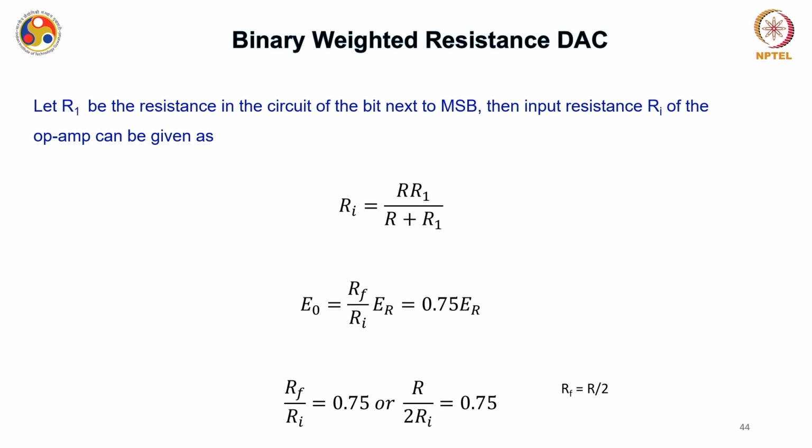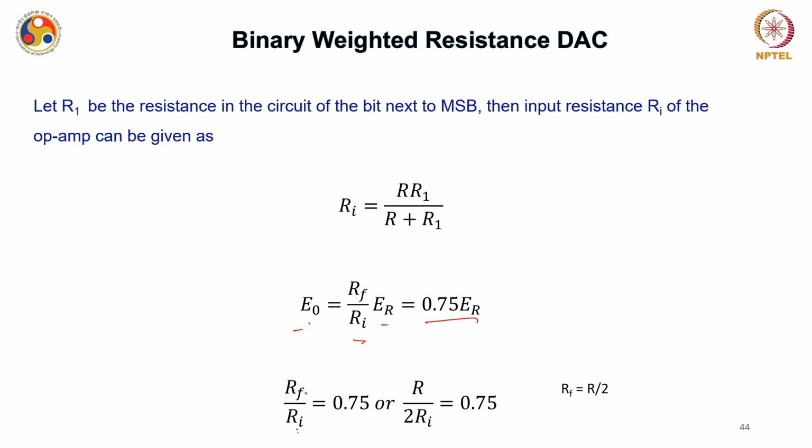Then the input resistance Ri of the op-amp can be given as R into R1 by R plus R1, because they are in parallel. In that case we have already seen that E0 is equal to RF by Ri into ER, or E0 is equal to 0.75 ER.